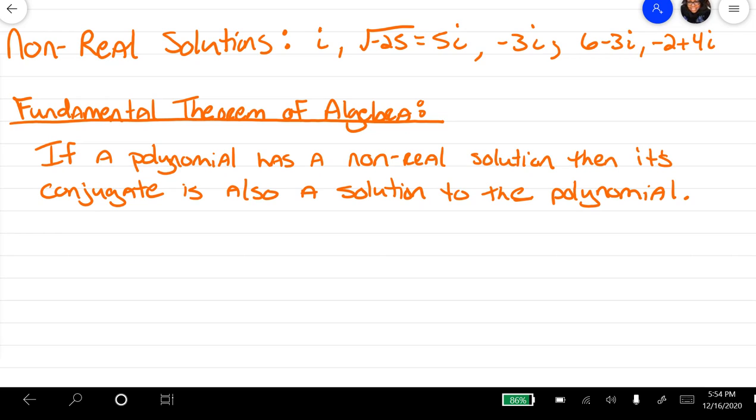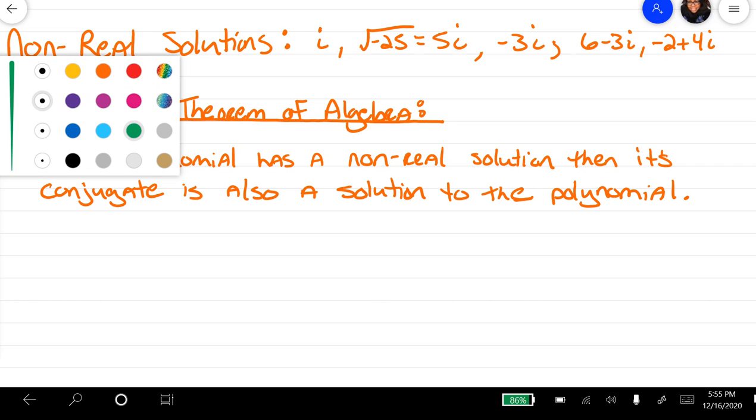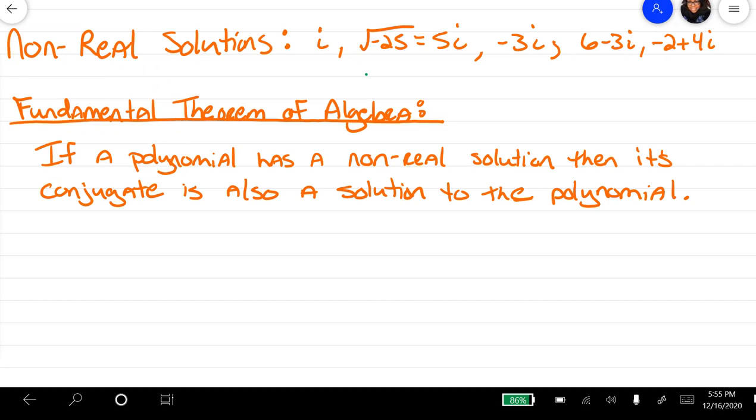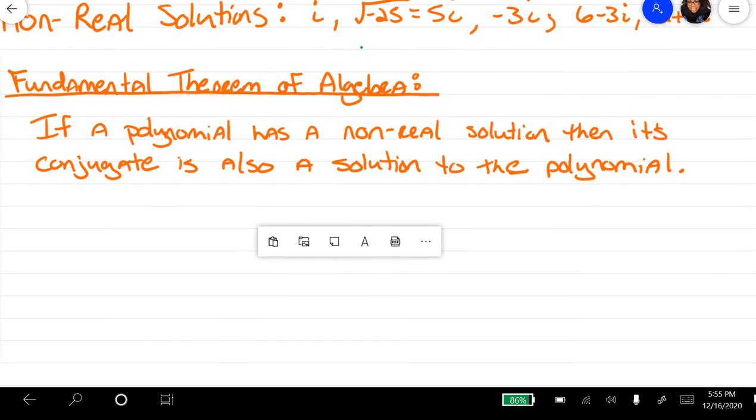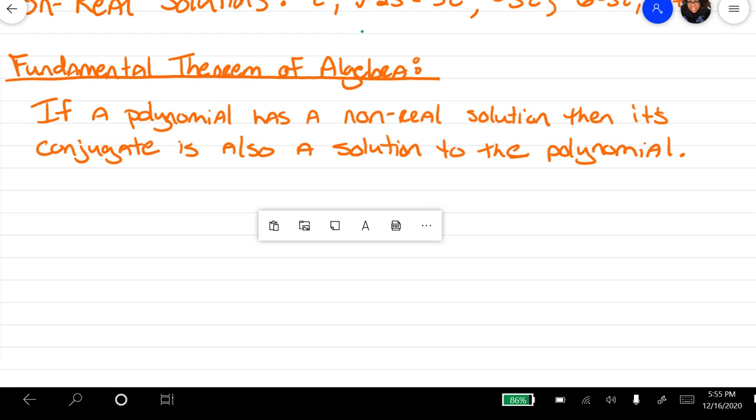But if we do have these imaginary numbers or these imaginary solutions, it's important that you remember what it meant to be the conjugate. We spoke about the conjugate when we were covering the imaginary numbers with the quadratics chapter. So let me just refresh your memory on what the conjugate is, and then we'll allude to how that's going to be important here.